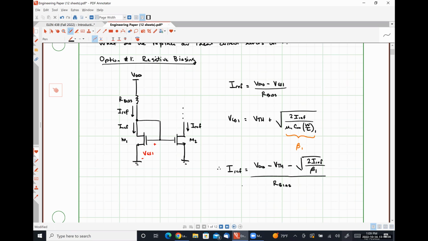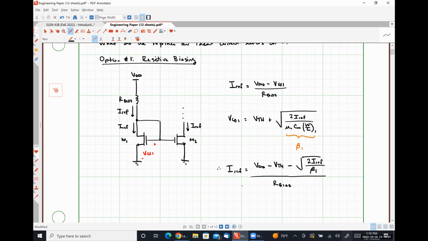So there are a couple of problems with this scheme of establishing a reference current. The first of which is that we can see that our reference current is linearly proportional to our power supply voltage, which means if our power supply voltage changes, our reference current changes by the same amount, and that is problematic.